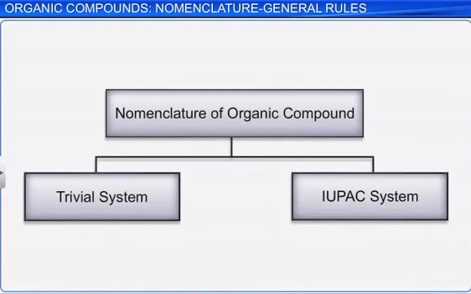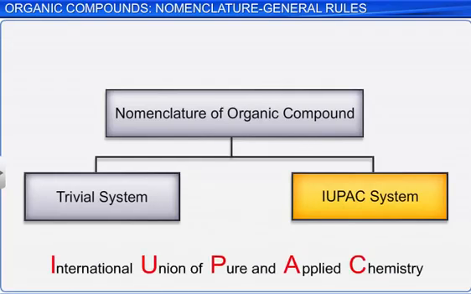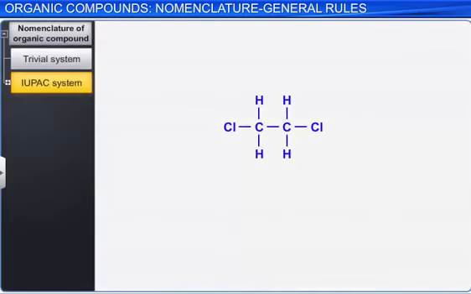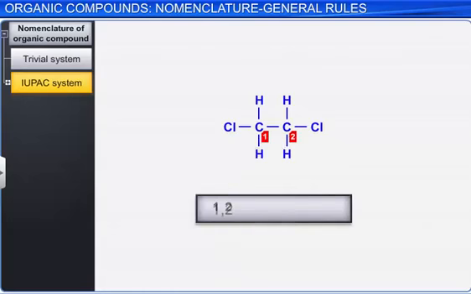Thus, in 1947, the IUPAC, that is the International Union of Pure and Applied Chemistry System of naming compounds, was first developed. The IUPAC system of nomenclature is a set of logical rules devised and used by chemists in which the name of a compound correlates to its molecular structure, thus making it intuitive for a person to deduce the structure from the name.